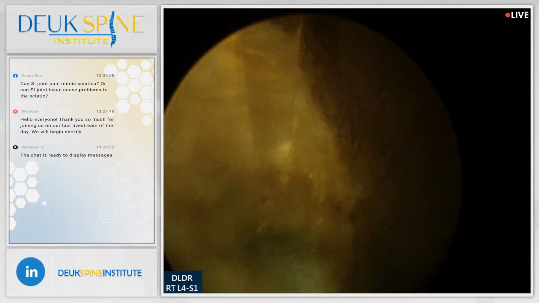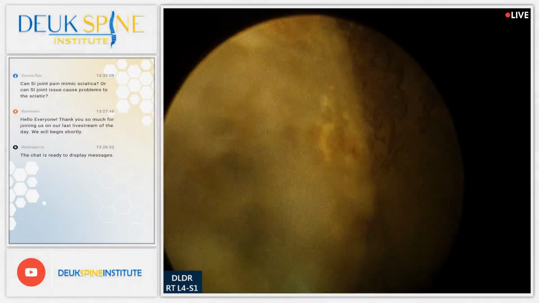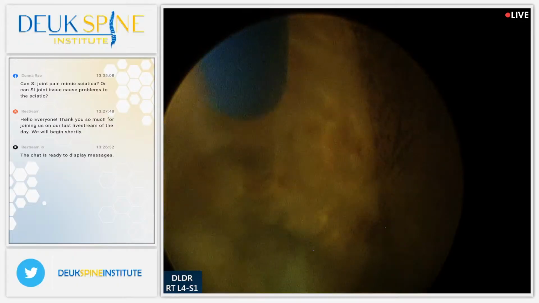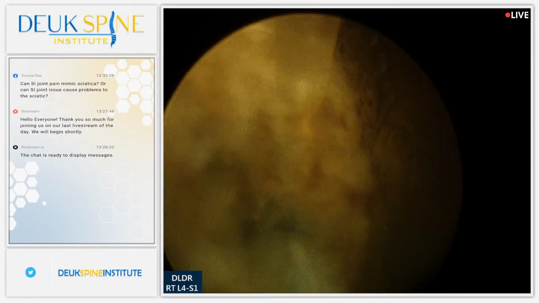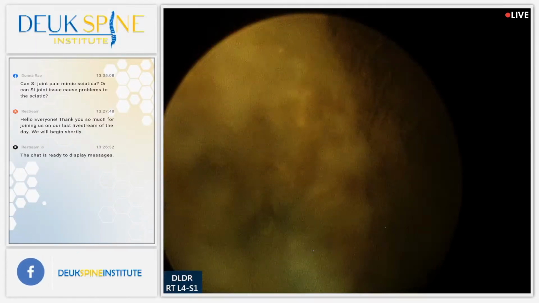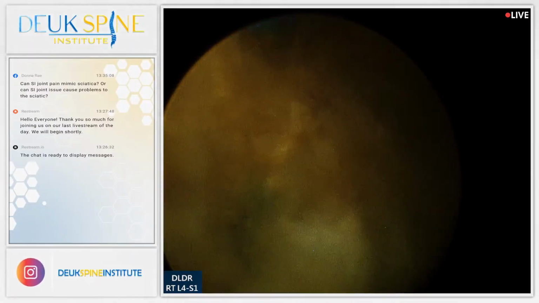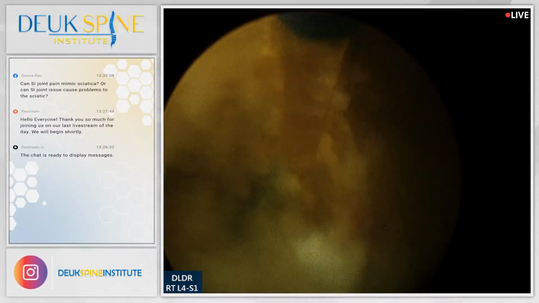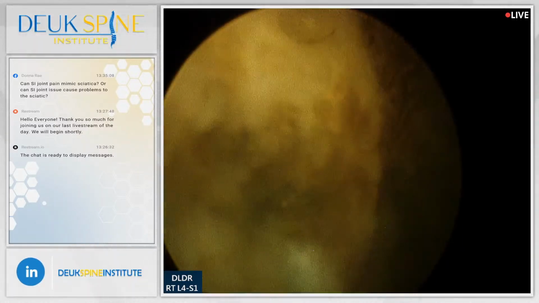The sacroiliac joint has gotten a lot of attention in the last 20 years as a common source of back pain. At Duke Spine Institute, we believe it's the 4th most common cause of back pain, almost tied for the piriformis muscle. So the sacroiliac joint and the piriformis muscle are about tied for 3rd and 4th in terms of the frequency as a cause of back pain.